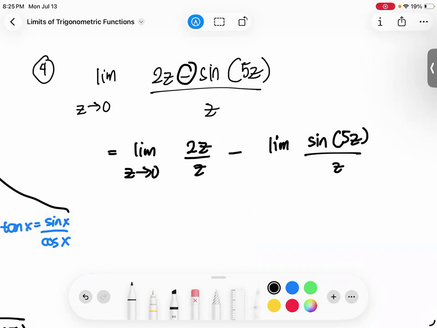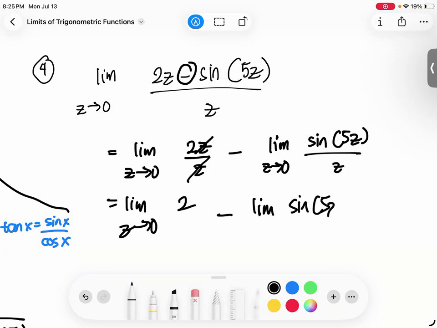Now the first term cancels to just 2. So you have the limit of 2 as z approaches 0 minus the limit of sine of 5z over z as z approaches 0.